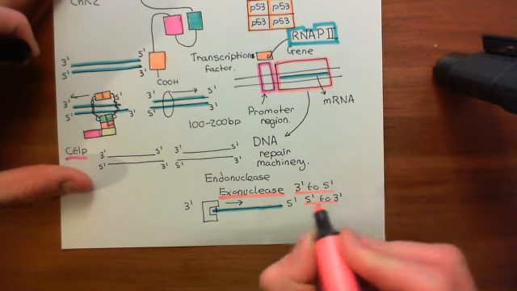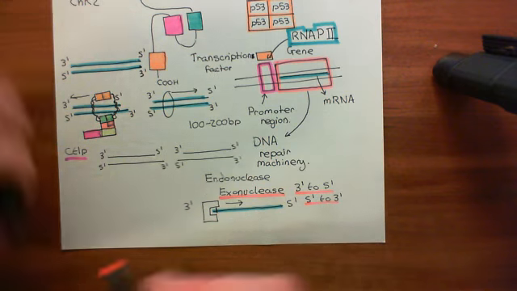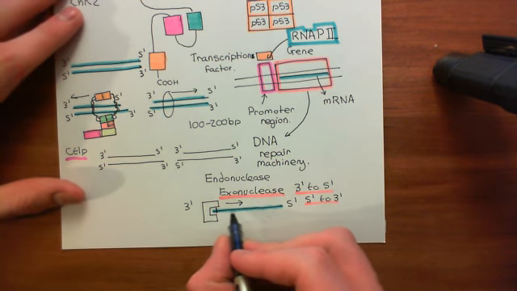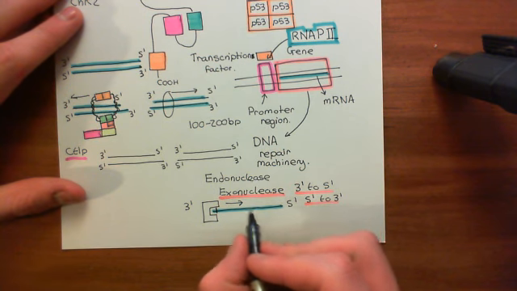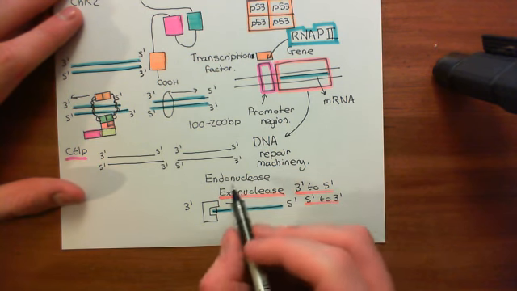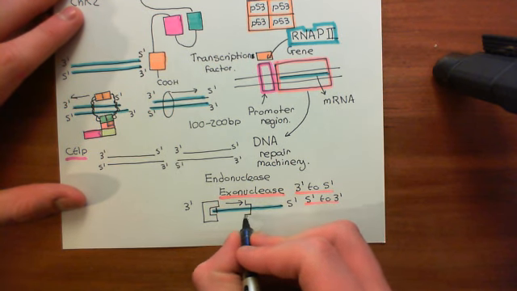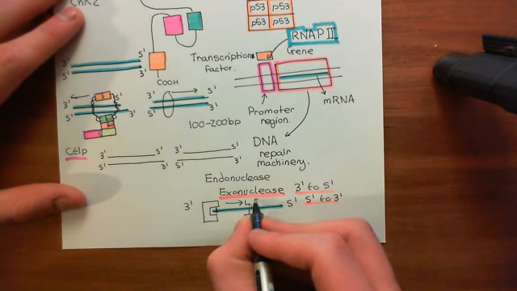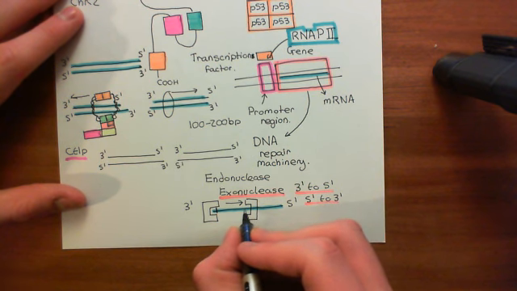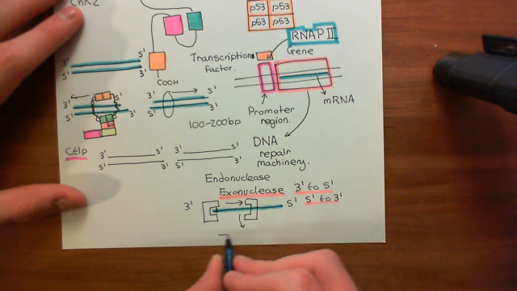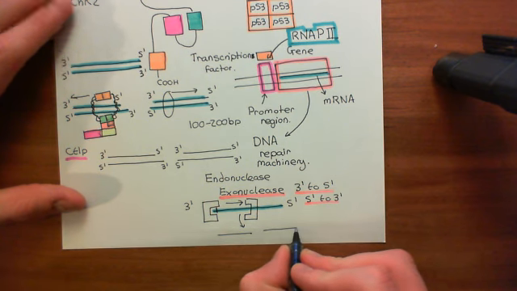Okay, now an endonuclease is an enzyme which is just going to come into a piece of DNA here, or in fact it can be RNA as well, but we're dealing with DNA, so we'll keep this in terms of DNA. And it's going to come into the middle, and it's just going to cut one of the phosphodiester links in the middle of the strand, and therefore it's going to cut the piece of DNA into two separate portions.